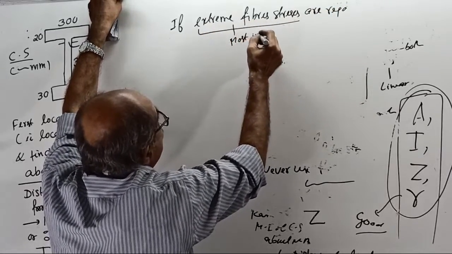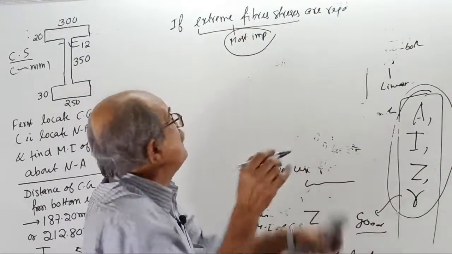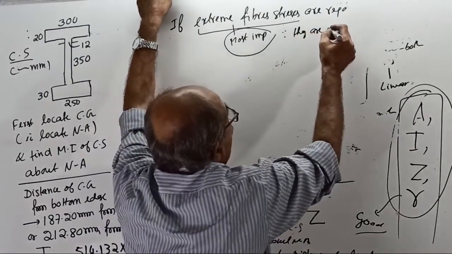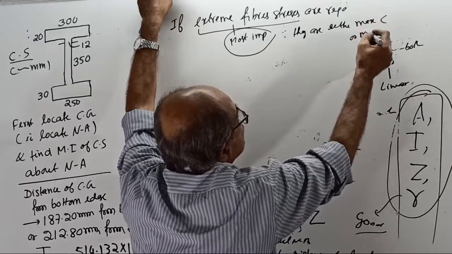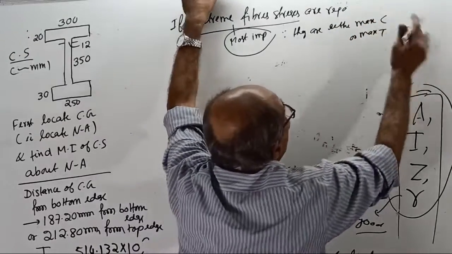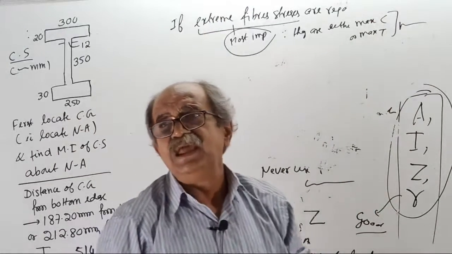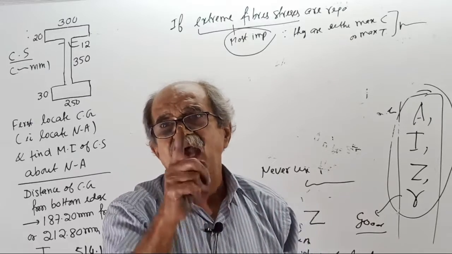Tell me why. In the bending stress chapter, the most important is the extreme fiber, because they are either maximum compression or maximum tension. We always want maximum stress. When you want to check the safety or decide the strength, your concern is always maximum stress.